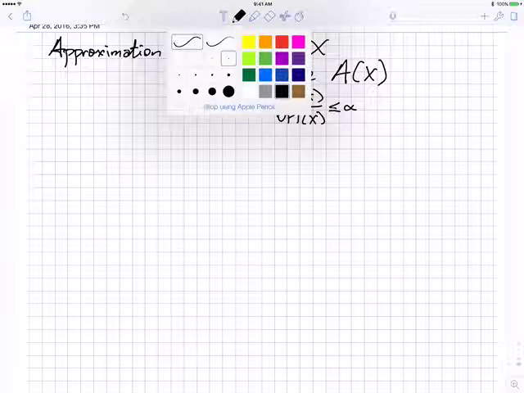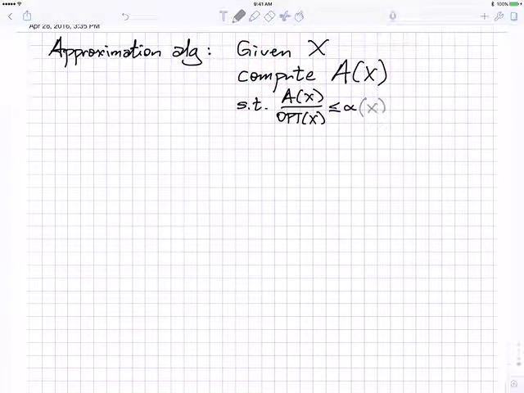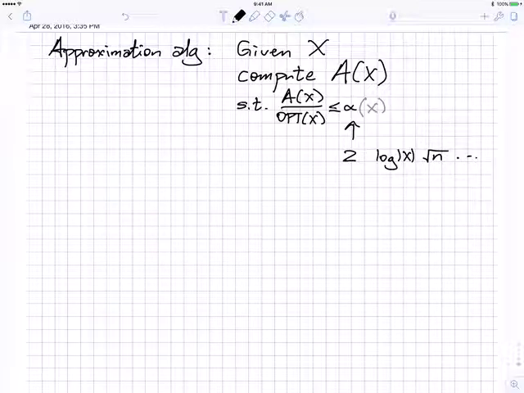So in that particular case, this approximation ratio is actually also a function of the input. So typical things you're shooting for here, maybe this is 2. Maybe this is log of the size of the input, what we normally represent as n. Maybe it's something like square root of n. Depending on which NP-hard problem you're talking about, we have varying abilities to actually compute approximate solutions in polynomial time. Okay.